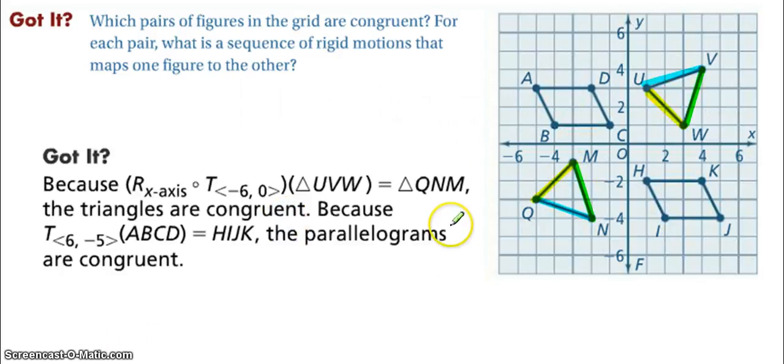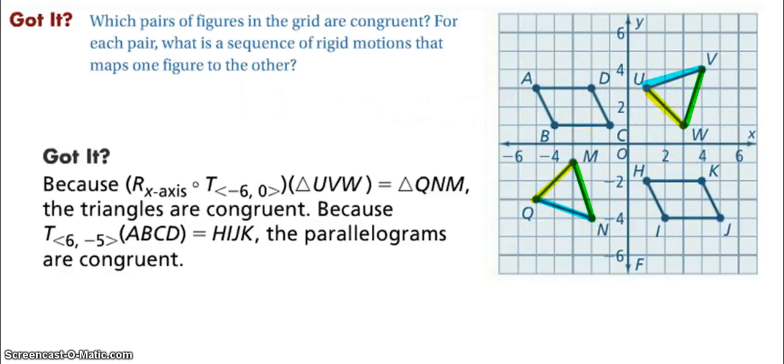And looking at these triangles, the big thing that I have to match up is QM with UW, and see that that's because we go 2 down and 2 to the right, and we go 2 down, 2 to the left. That tells me there's going to have to be some kind of reflection. Notice that the slopes of the lines are kind of perpendicular to each other.